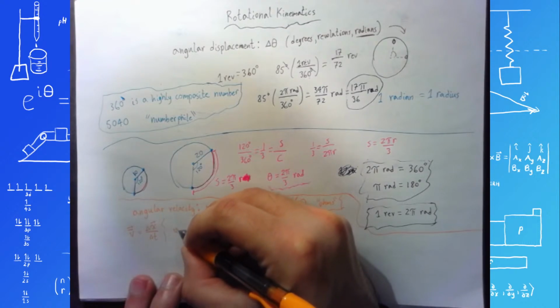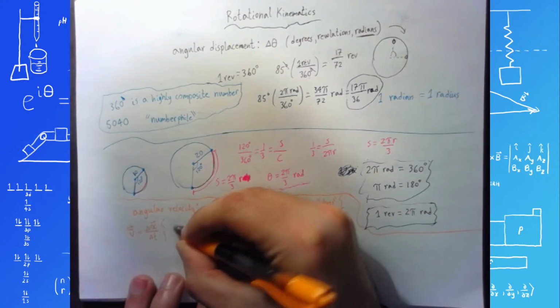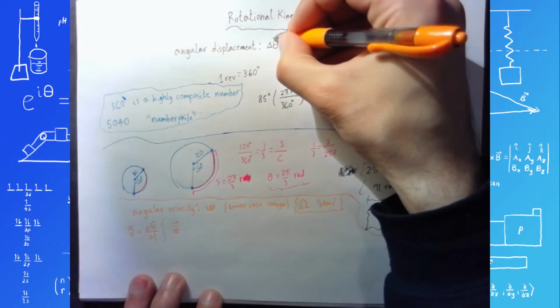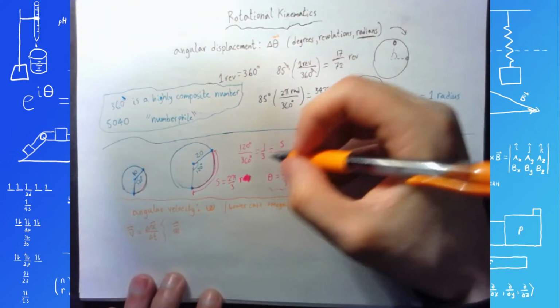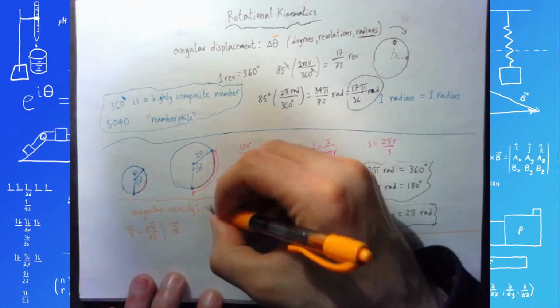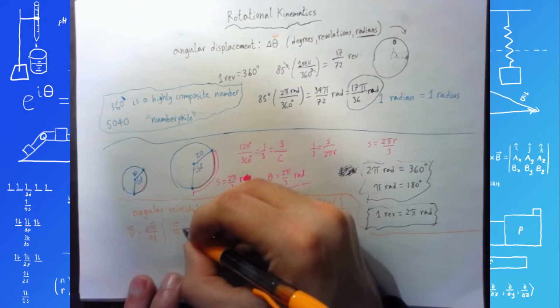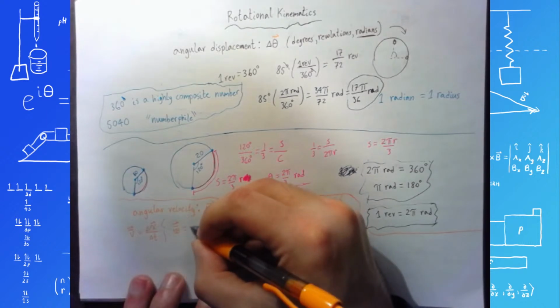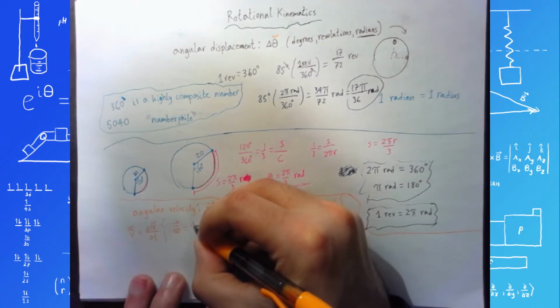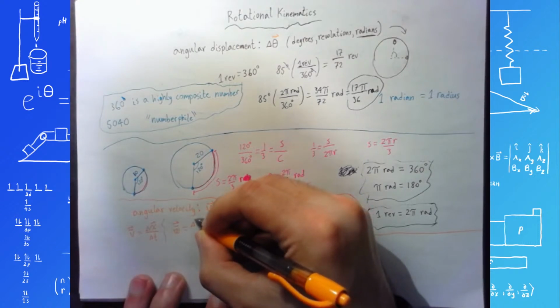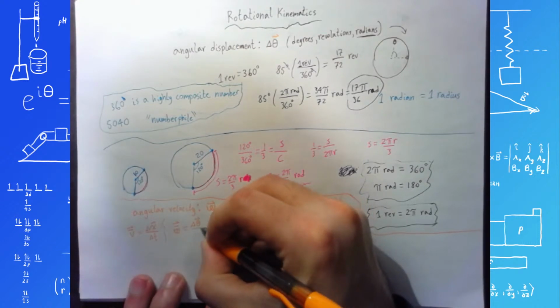The average angular velocity, by the way, these are vectors. I'm not putting the arrowheads over them, but they are vectors. Angular velocity is also a vector. Average angular velocity is defined similarly as change in angular position, angular displacement, over change in time.